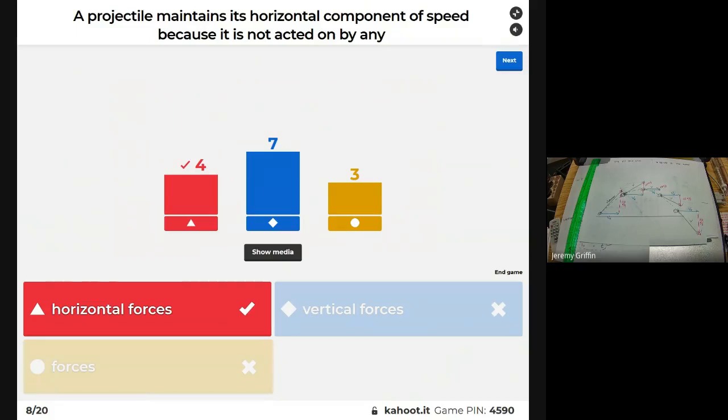Horizontal forces, right? Because any projectile that's just flying through the air is only under the influence of one force, its own weight. And guys, which way does weight pull? Straight down, and that's vertical, isn't it?